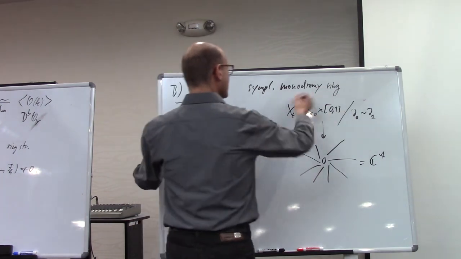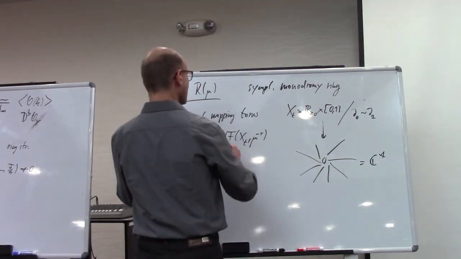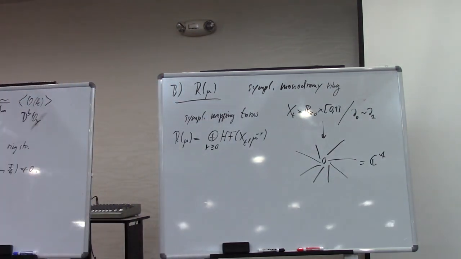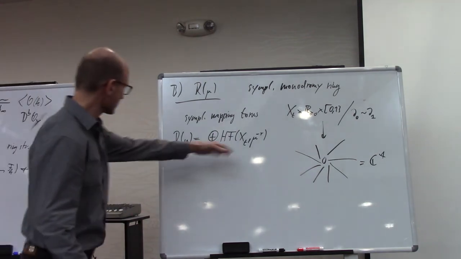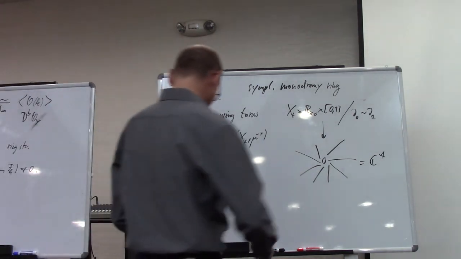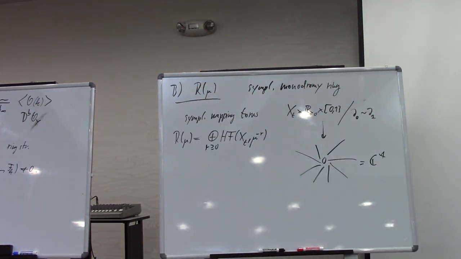This is counting holomorphic cylinders inside that symplectic mapping torus. For some reason, there is a change of sign that you need here. Okay, so that's the second trick. We may end up working with that at the moment.